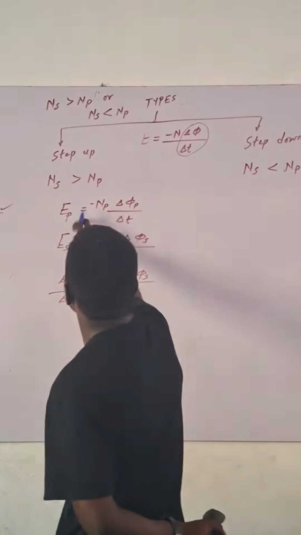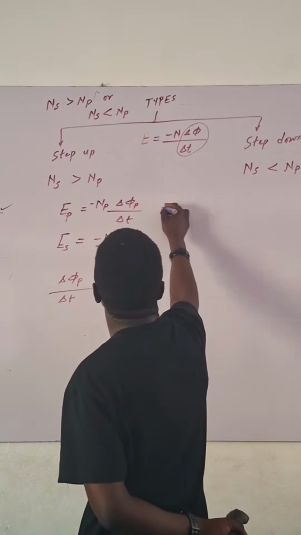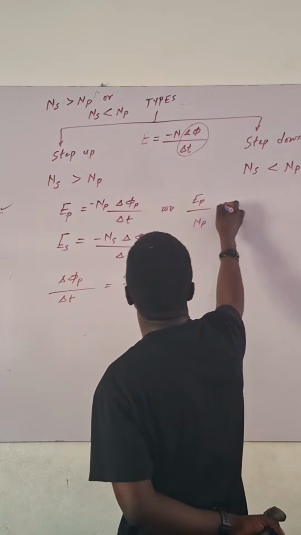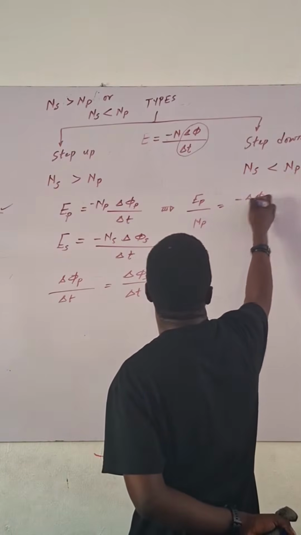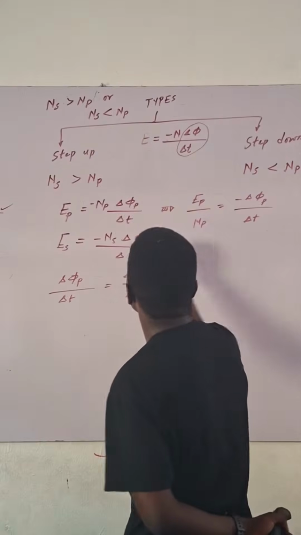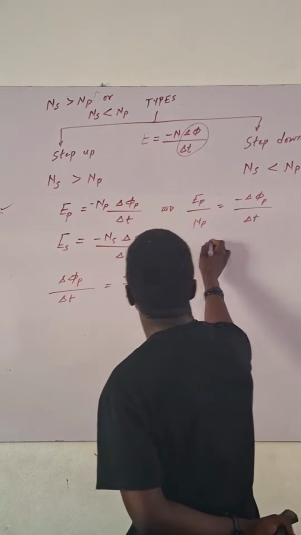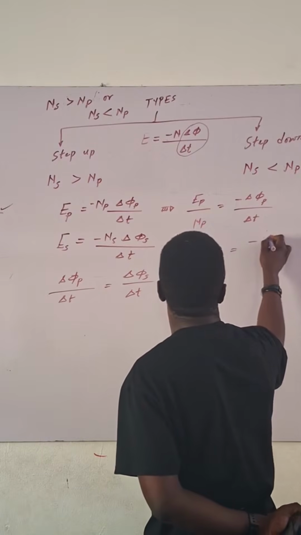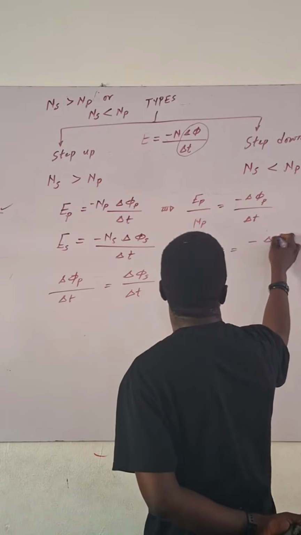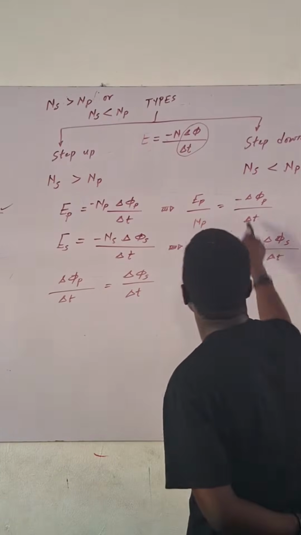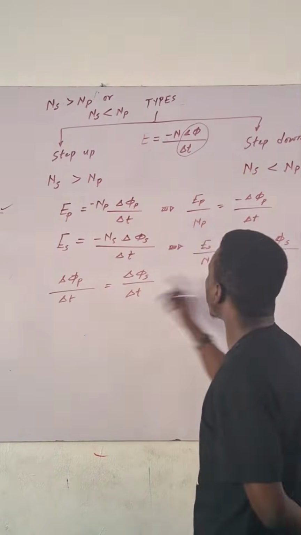Meaning that from here, I can say EP over NP is equal to minus dφP over dt. And from here, ES over NS is equal to minus dφS over dt. But φS and φP are equal.